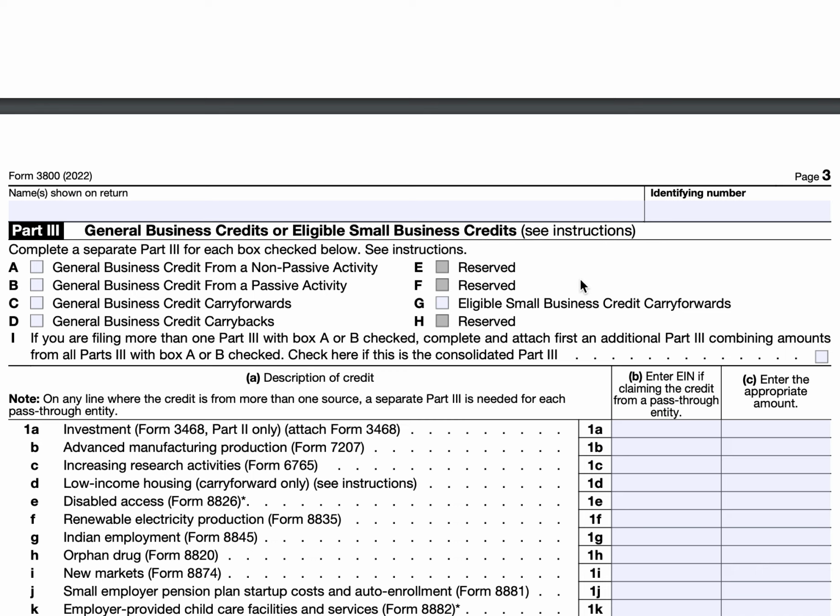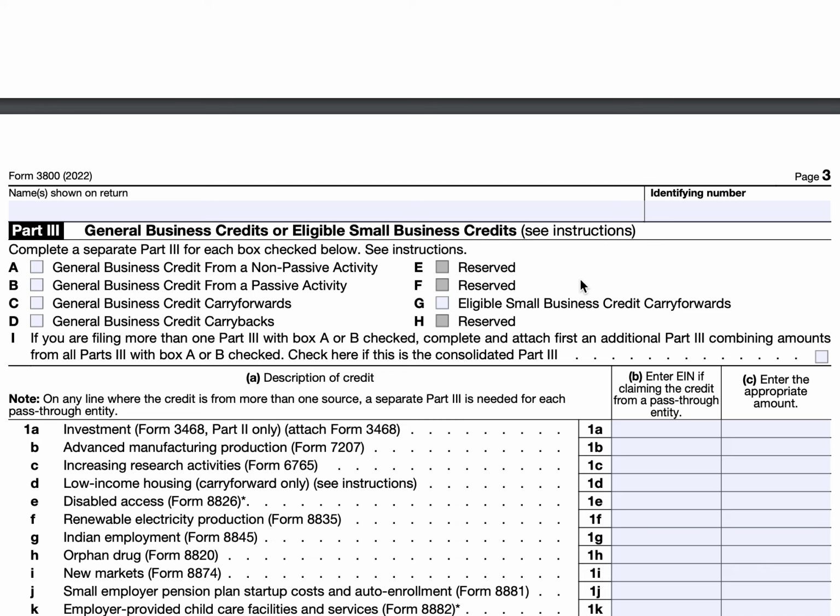Box C would be a general business credit carry forward from previous years. Box D would be general business credit carry backs from future tax years. And then box G is set aside for eligible small business credit carry forwards.